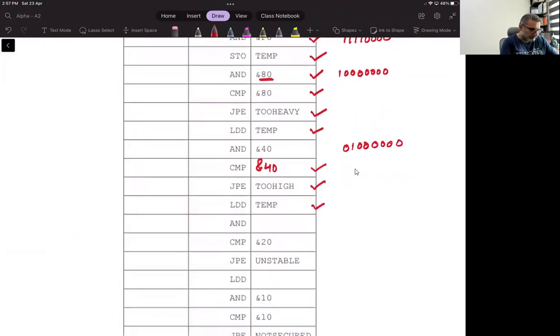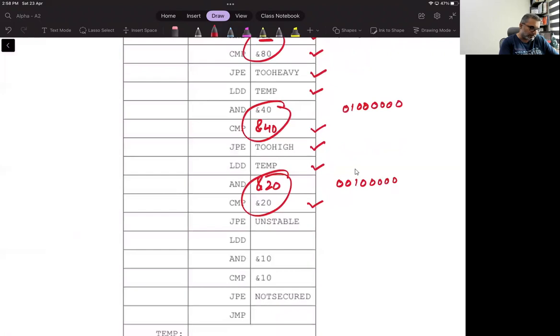Load temp. Now this time it will be AND 20, 1, 2, 4, 8. So all four bits are being checked, by the way, and then we compare it. If these are the same, then this must be the same as well. Jump to unstable.